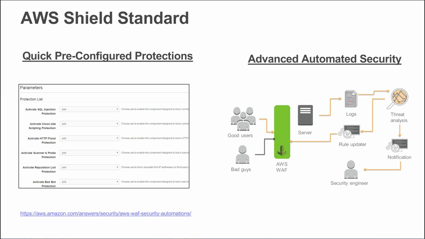Or for customers who want to customize the protections for their own applications, AWS WAF also enables more advanced automated security, which you can enable and which would use AWS WAF in conjunction with logs and backend log processing and dynamically write new WAF rules, blocking bad actors before they hit your application.